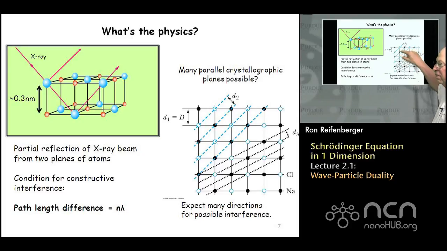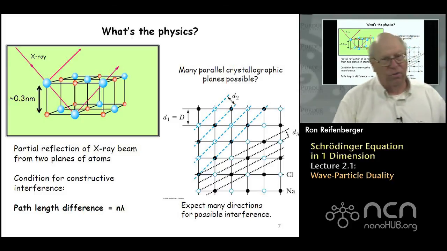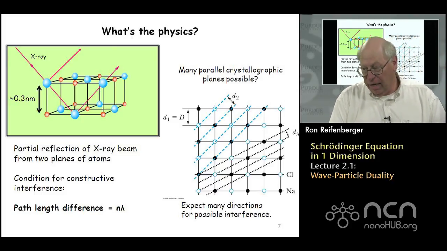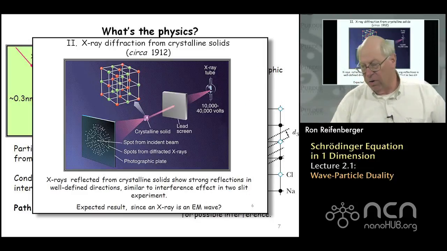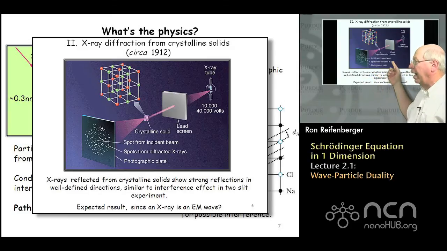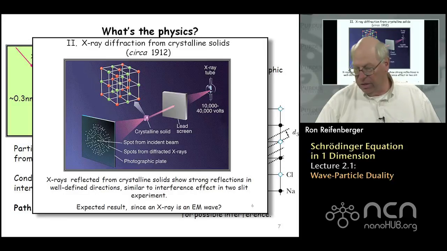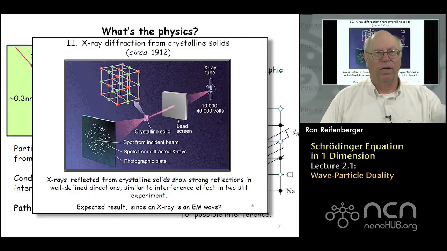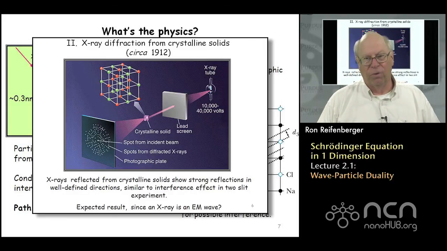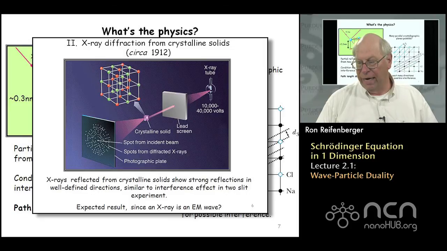And all of these additional planes will have different spacings, they'll be oriented at different angles, and it just simply means that you could expect many possible directions of the X-ray beam to be scattered to produce this constructive interference. And of course that explains why there's all these spots that are observed experimentally on the screen. It's because those X-rays are reflecting off of multiple different planes in the crystal lattice.